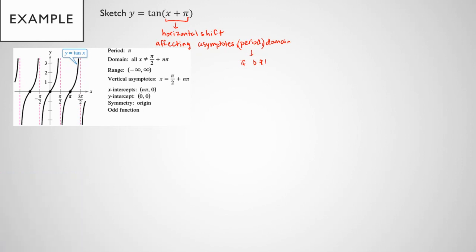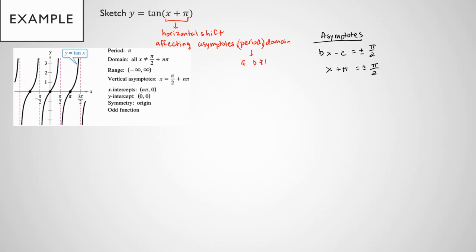So I'm going to start with finding my asymptotes. I always just write the form that the asymptotes come in so that I remember it's whatever's inside the tangent is equal to plus or minus pi over 2. So we have x plus pi equals plus or minus pi over 2.